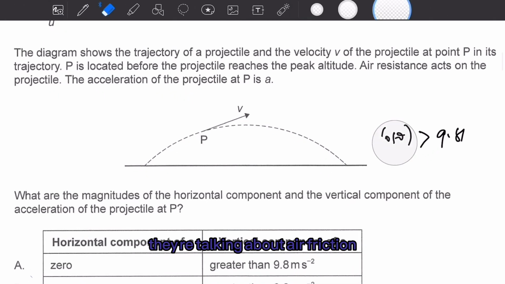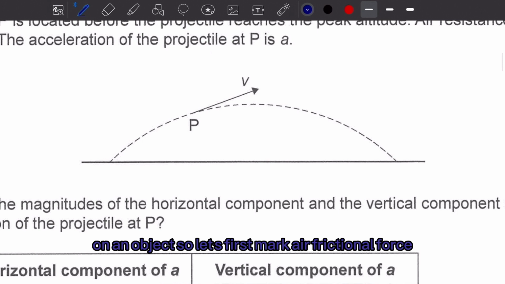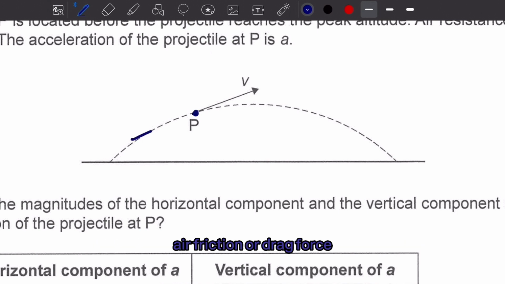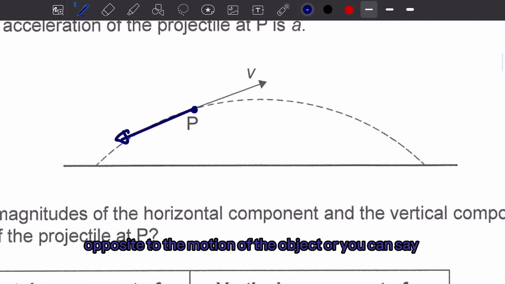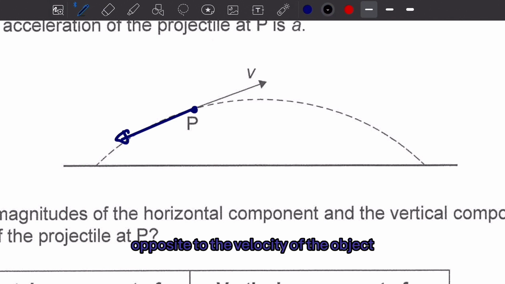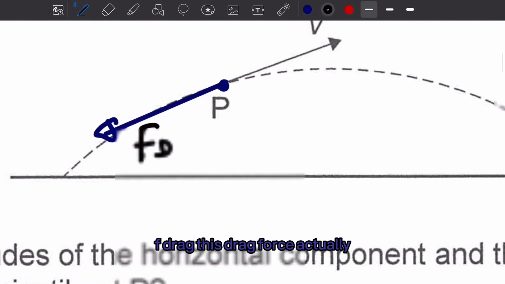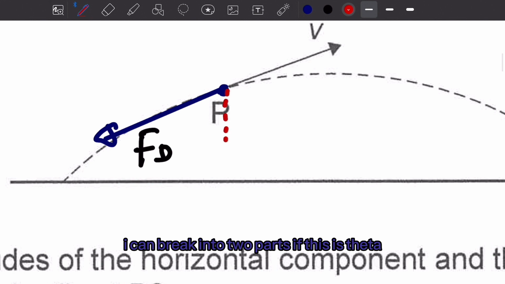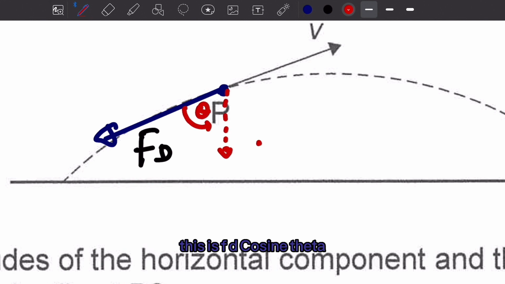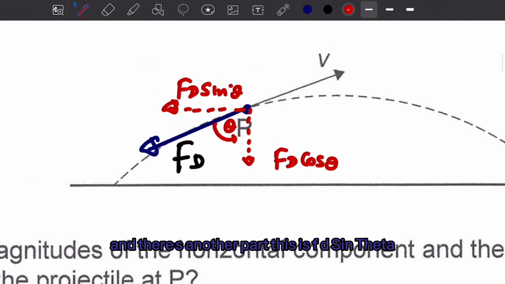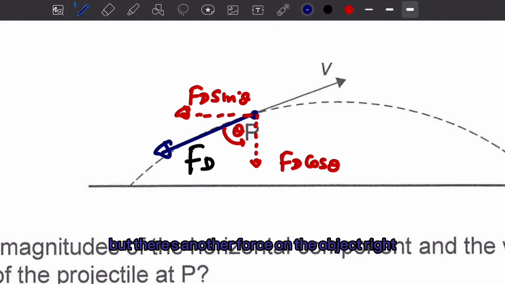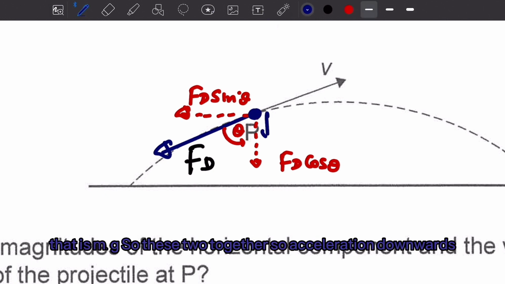They are talking about air friction on an object. So let's first mark the air frictional force. Air friction or drag force is always opposite to the motion of the object, or you can say opposite to the velocity of the object, F drag. This drag force I can break into two parts. If this is theta, this is FD cosine theta, and there's another part, this is FD sine theta. But there's another force on the object, right? That is the weight of the object, mg.